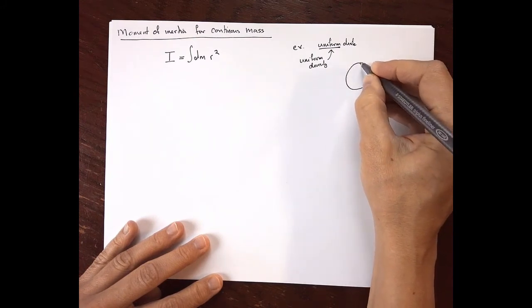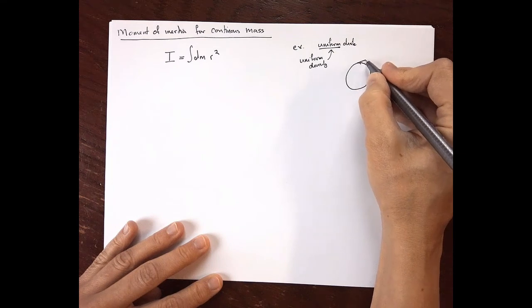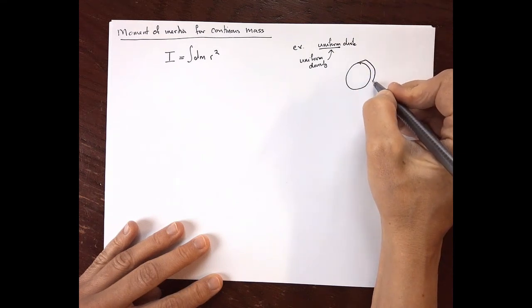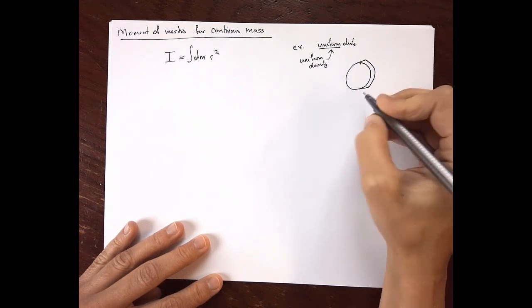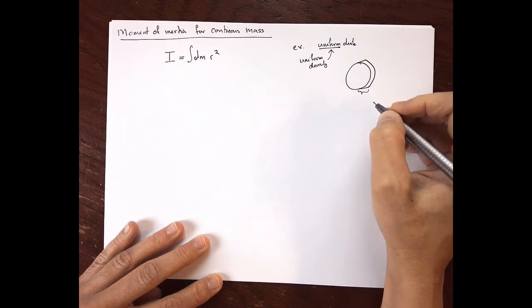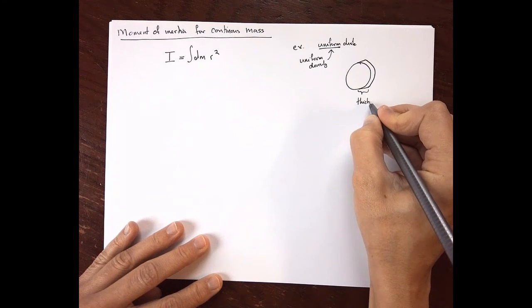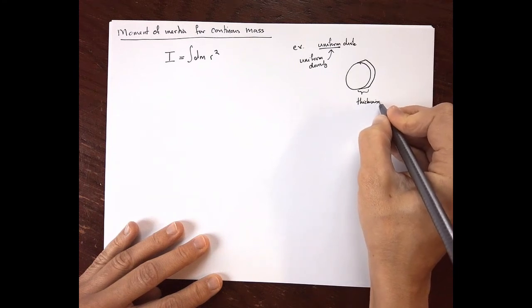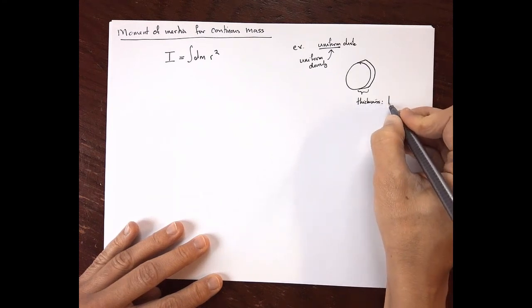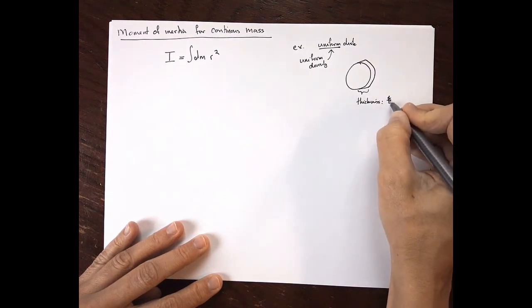So if we did a uniform disk, I'm going to try and do a little bit of three-dimensional drawing here, like that. So we've got a thickness of the disk. We'll call that T. No, we won't call it T, that's time.